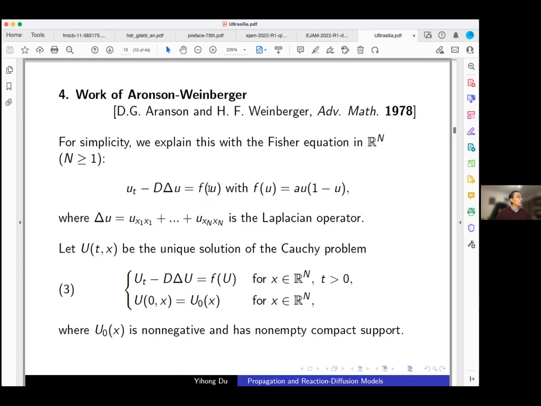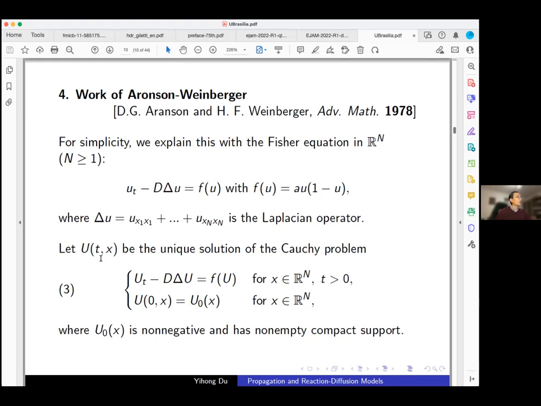A similar equation, and actually in their paper, they considered a more general f(u), including this special case. But today, for simplicity, I'll just consider the case with this Fisher nonlinearity for the convenience of comparison. And then they looked at this problem with the initial function.